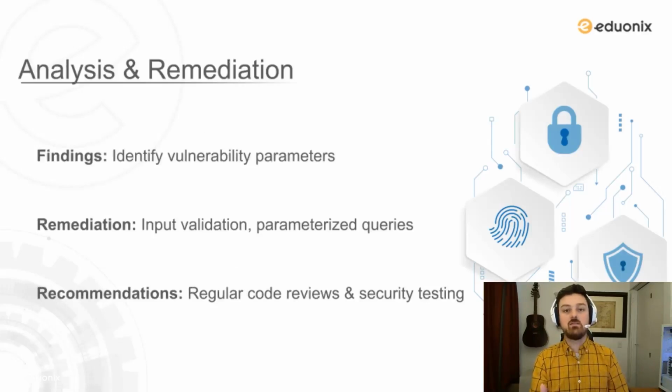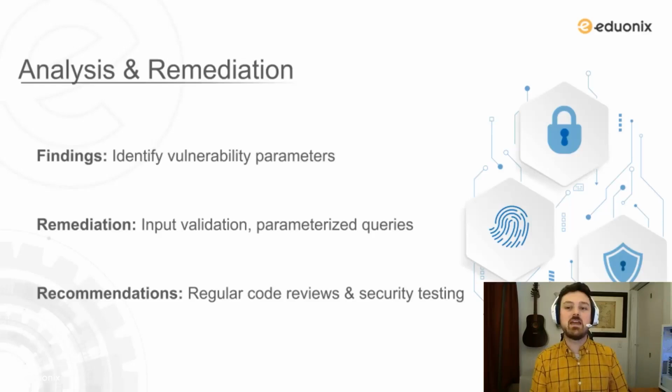In our analysis phase, we've identified several vulnerable parameters susceptible to SQL injection. To remediate these vulnerabilities, we recommend input validation checks and adopting prepared statements with parameterized queries in the application's code. And then, of course, as with anything, you want regular code reviews and security testing to see if any updates have changed this vulnerability, in terms of whether you are now vulnerable to it as opposed to before.